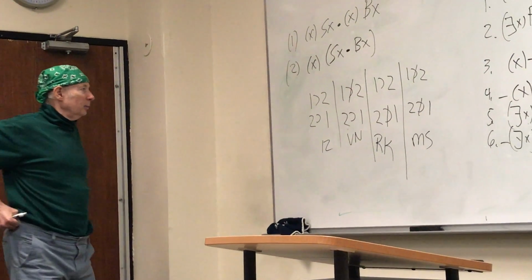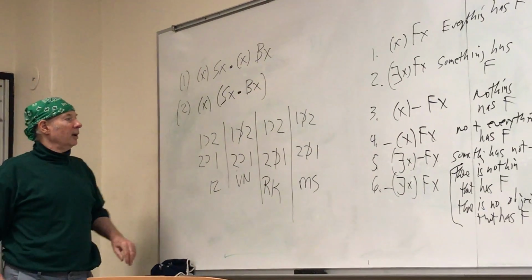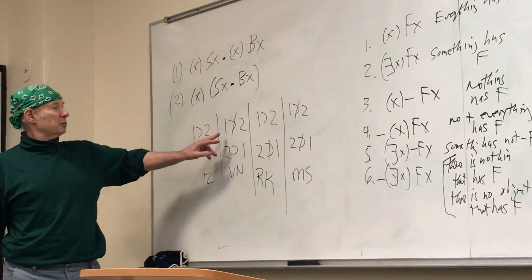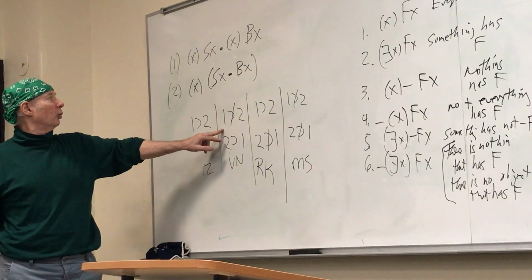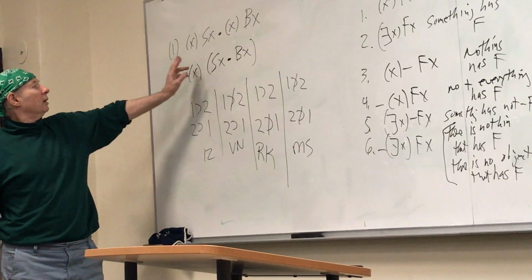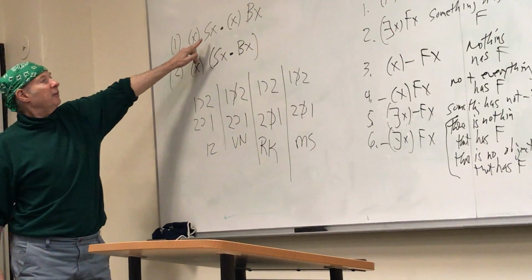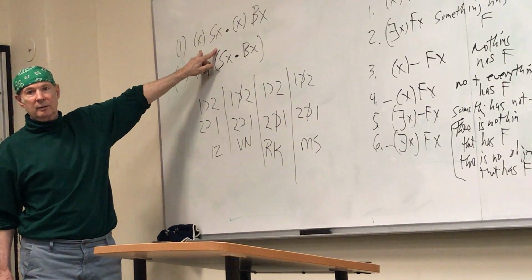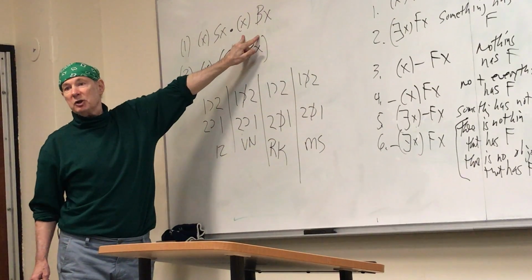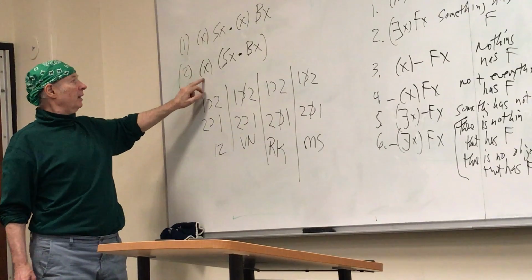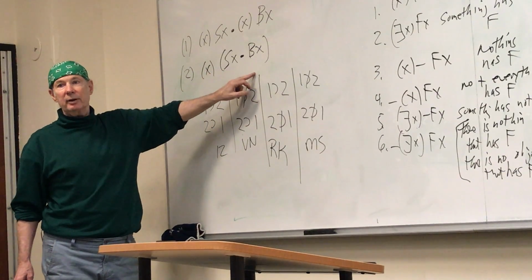So let's see what the truth is. Okay, the first thing we'll look at is whether this is true, whether 2 does not follow from 1. So let's think about it. If everything is sweet and everything is bitter, does it follow that everything is sweet and bitter?